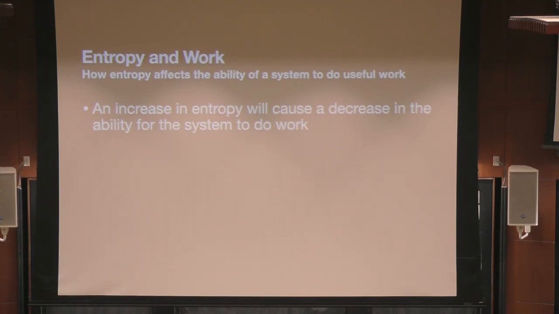And then we just let the gas do its thing and it expands and goes back to this position here, and then it stops at a certain point. Well, that increased the entropy because the volume expanded, the gas did work, and now it can't do any more work because it's done that expansion. So its ability to do useful work has diminished with its increase in entropy. And there was work done by the gas in the process too. So there's a connection between entropy and work as well.